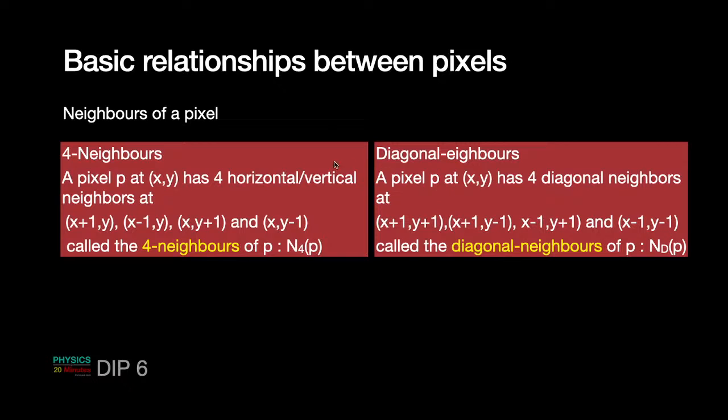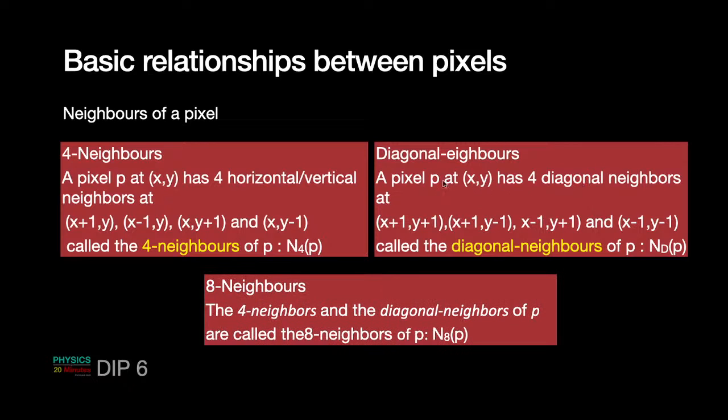The four horizontal and vertical sides are the four neighbors, and the four corner neighbors are called diagonal neighbors. A set which consists of all the points from both of these is called 8 neighbors, the N8 set. That is how the neighborhood of a pixel is defined.